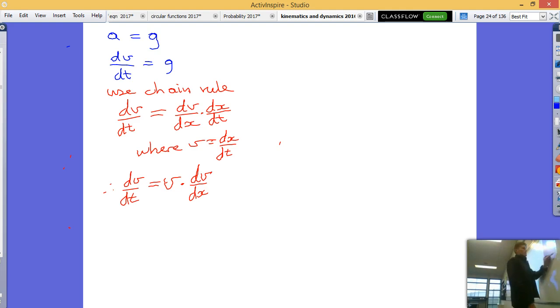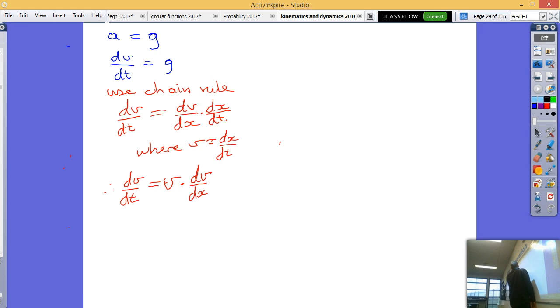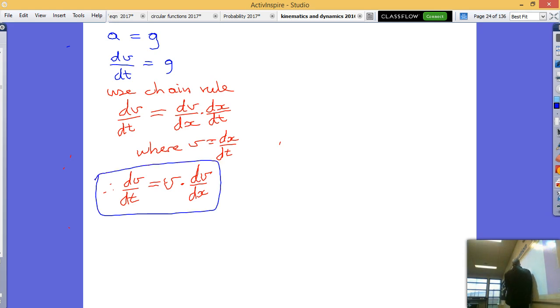So we're going to use this interesting form of acceleration. Acceleration is your dv/dt. Okay? Acceleration is also a velocity multiplied by the rate of change of velocity with respect to position. So a = v dv/dx, coming back to our first original differential equation for constant acceleration g.